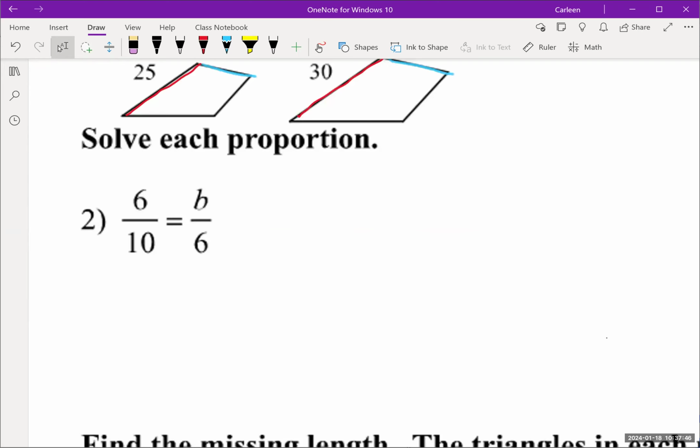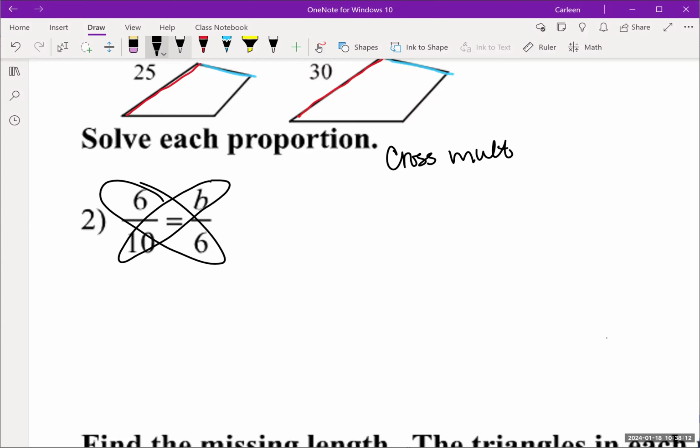Solve the proportion. Does anyone remember what method we used to solve this proportion? We use the method of cross multiply. Okay, so we're going to cross multiply. So we have 10 times b is equal to what? 36.